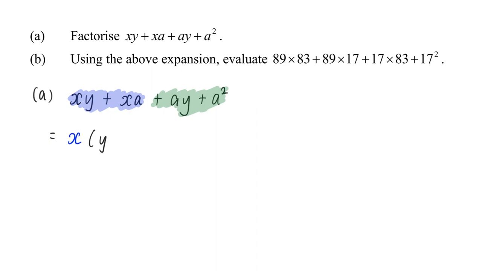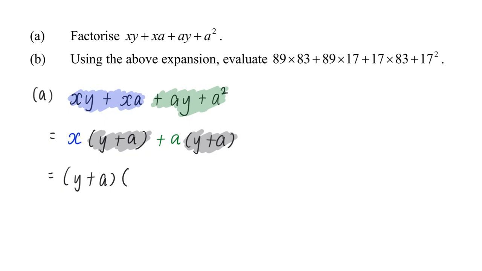I'm left with y plus a. Common factor is a, and I'm left with y plus a. And so I will then be able to factorize out the y plus a. And I'm left with x plus a as the other bracket.